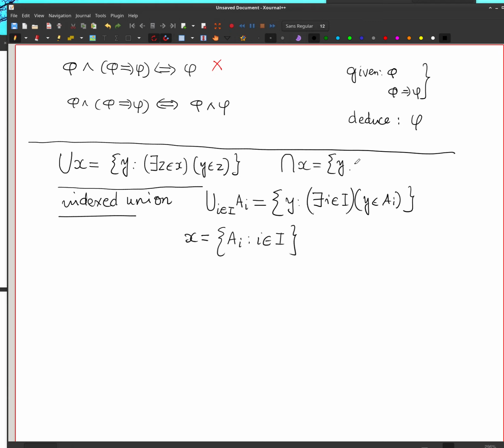This is y, which says that whenever z belongs to x, this implies that y belongs to z. Okay. So this statement is alternatively also sometimes written as for all z belongs to x, y belongs to z.